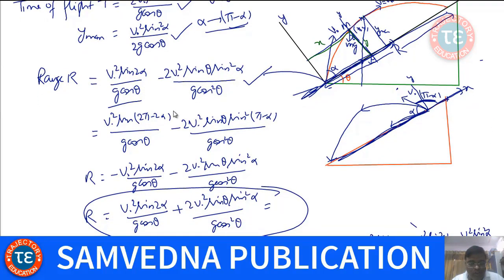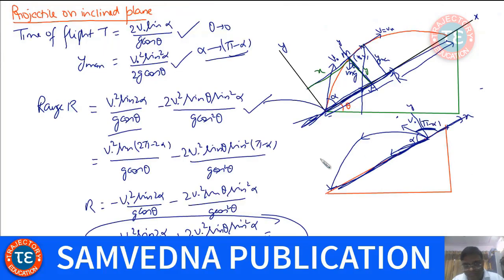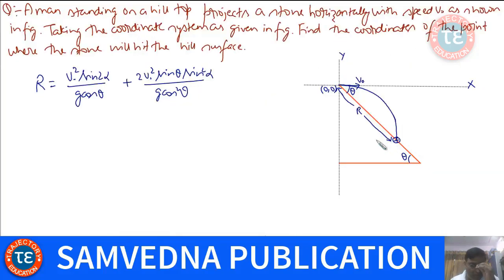The second term is going to be 2 v0 square sin theta sin square alpha upon g cos square theta. Okay, so let's make use of this formula.